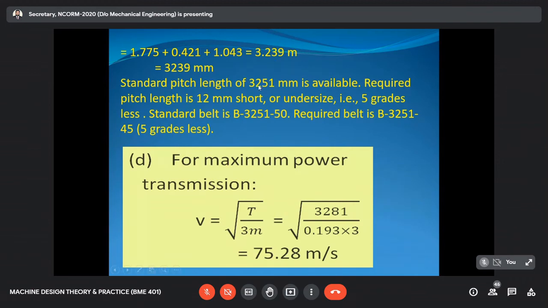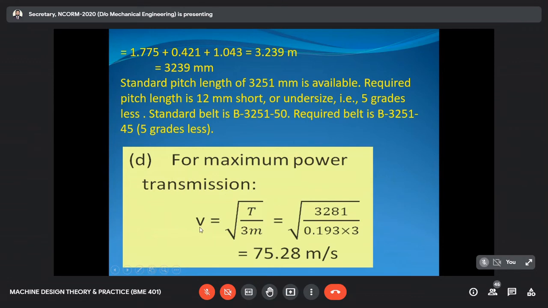Standard pitch length 3051 millimeter is available. इससे corresponding check कर लेंगे, तो required pitch length is 12 millimeter short or undertake. तो 5 grade less standard belt यहाँ पे टेबल यूज करनी पड़ेगी, वो टेबल आपके पास अभी शायद होगी नहीं, तो ये डाटा डिजाइन डेटा बुक में या टेबल में दिया रहता है. हम आसफ मोहम्मद साहब से कहेंगे कि वो टेबल आप लोगों को प्रोवाइड कर दें, तो उससे ग्रेड चेक कर लेंगे.